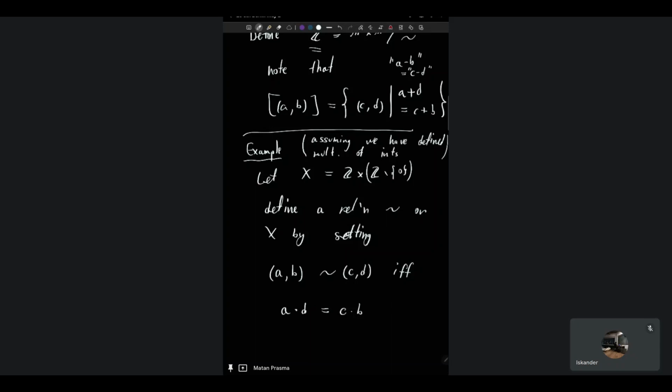Again, I don't want to do all the details of these foundational constructions, but you can imagine it's not that hard to define multiplication of integers, because I can define addition of integers in a very similar way that I defined the addition of natural numbers.